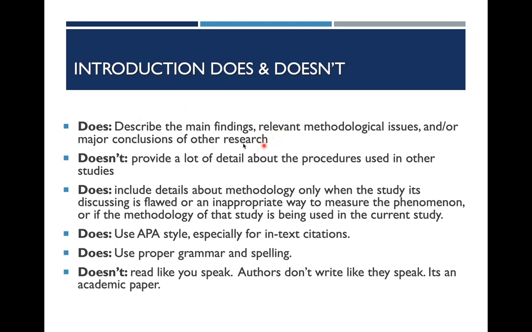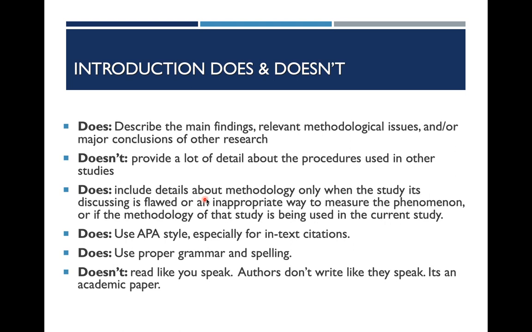We're going to talk about this previous research, but it doesn't provide a ton of detail about the exact procedures of those other studies. We're not so concerned about their exact procedures. If someone is, they're free to go find that paper and read about their procedures. We're more concerned with their findings and their conclusions.